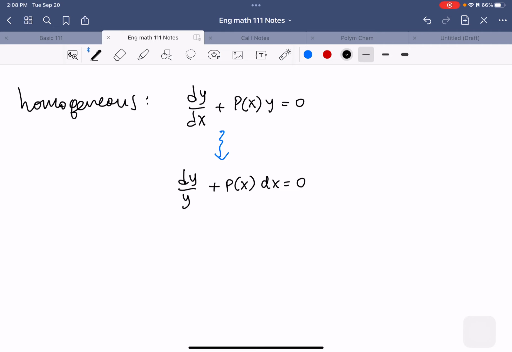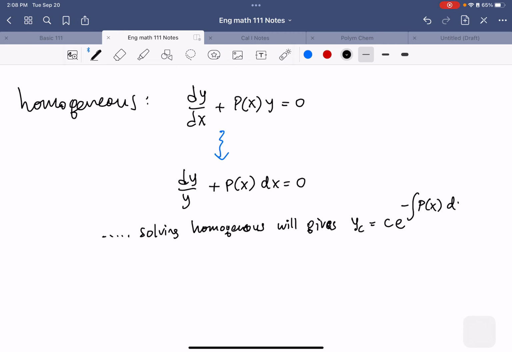So let me just write the summary here. Solving the homogeneous equation will give the solution for yc equal to a constant times e to the power of the integral of negative p(x) dx.